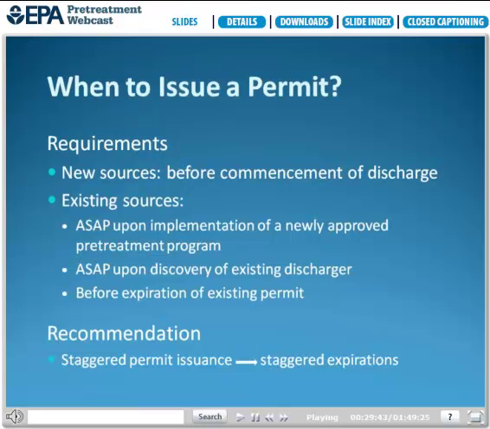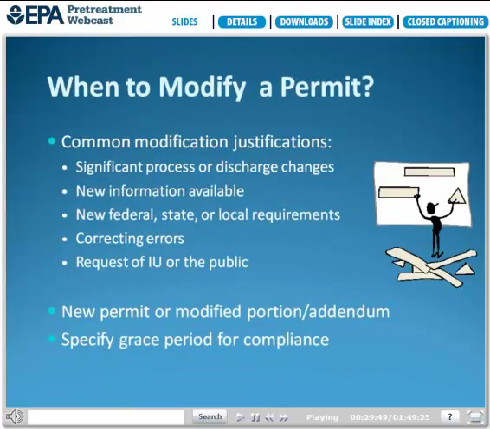In between a permit cycle, the industry may want to change its operations for various reasons. An increase in production, perhaps? In addition, the POTW might have a new limit on its discharge for which it knows a certain industry contributes that pollutant, and thus it will need to control that pollutant coming from the industry contributing it.